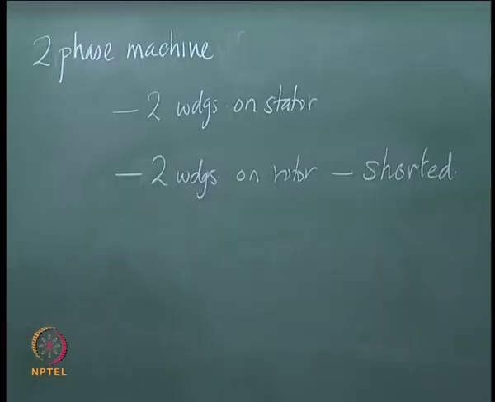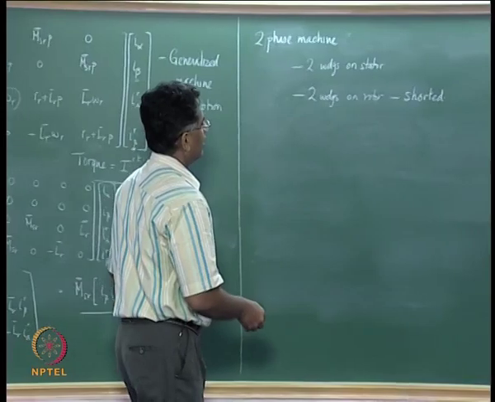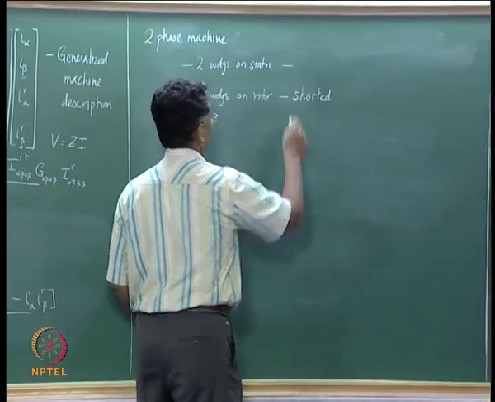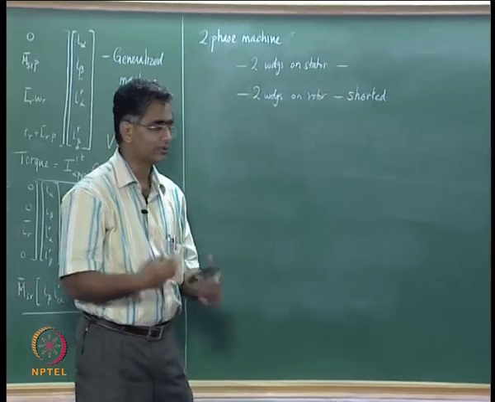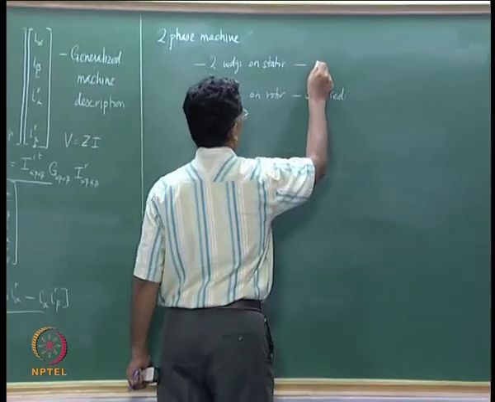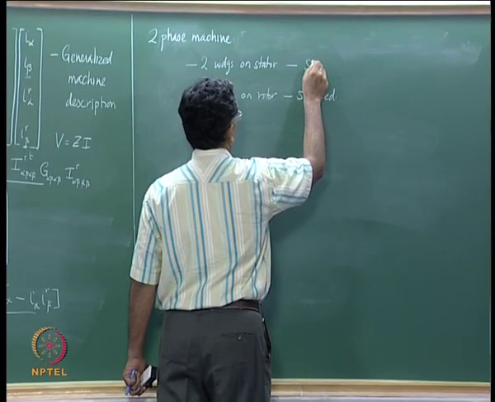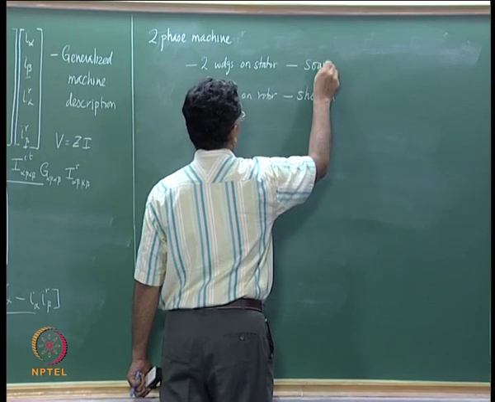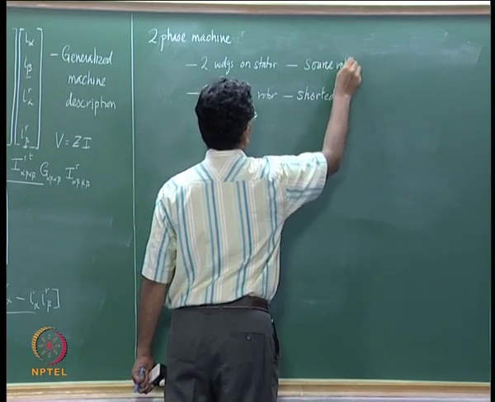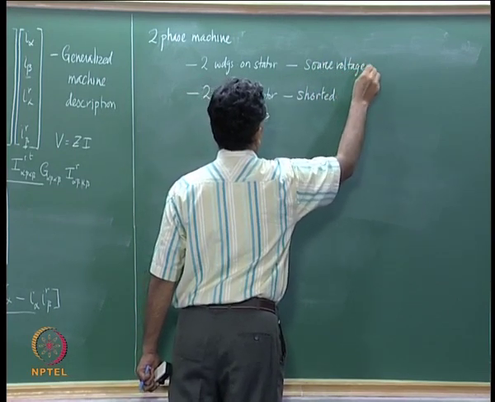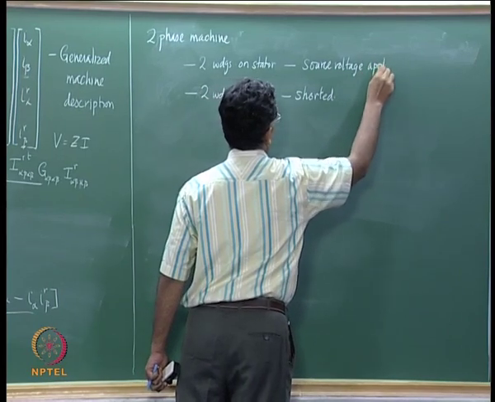The rotor of an induction machine is normally shorted, and the stator is given the electrical supply. So you would apply a source voltage on this.